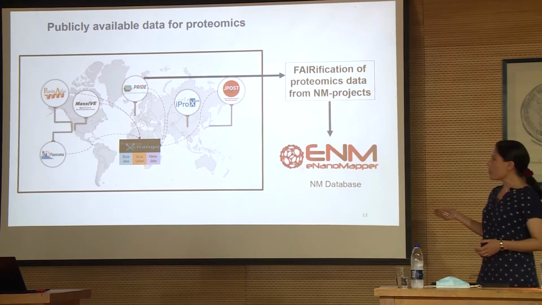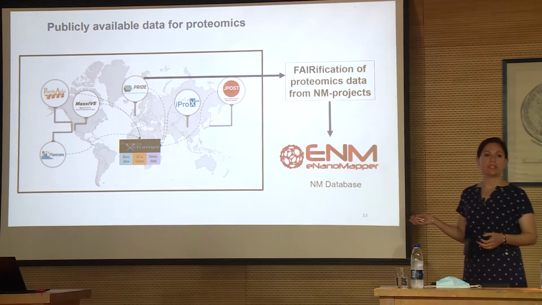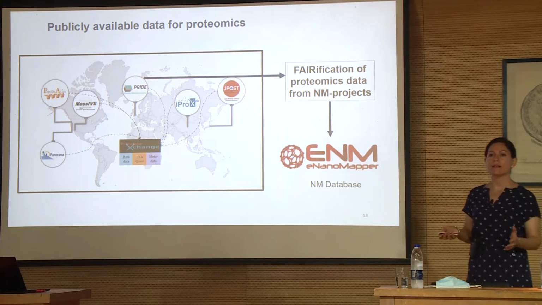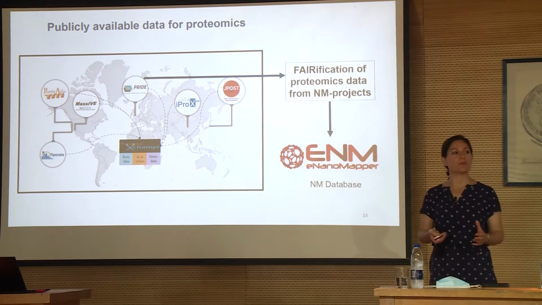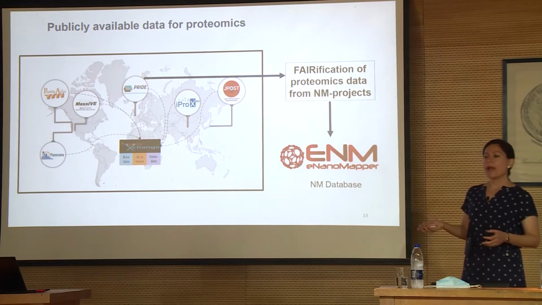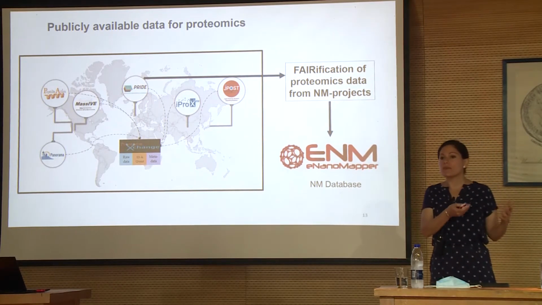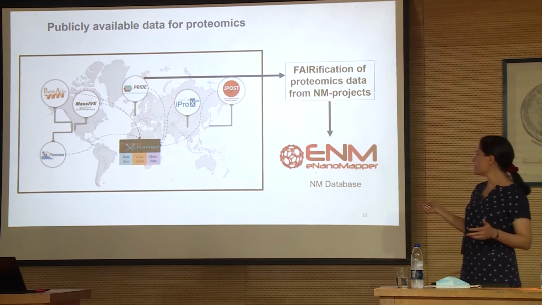We brought them, or we linked them, to the eNanoMapper. This is a nanomaterial database. So everything that is produced in these European projects has to be uploaded to the eNanoMapper. And we linked all these new projects that we could find in PRIDE to here.